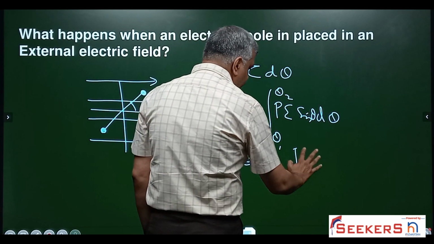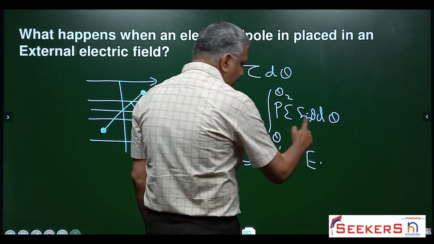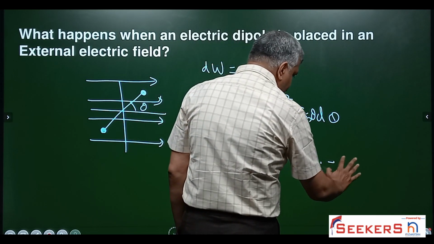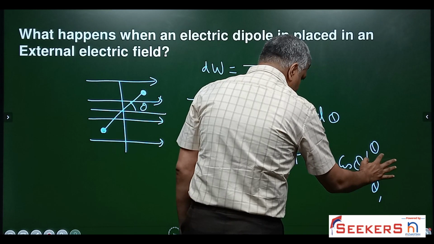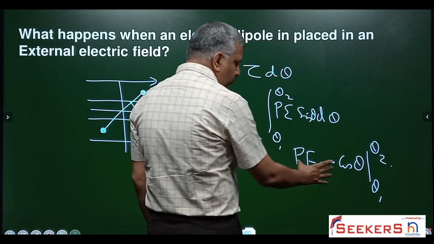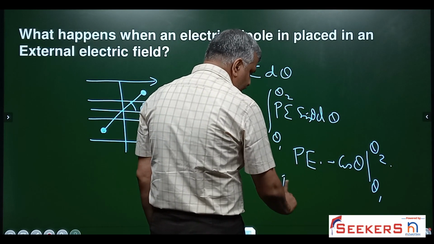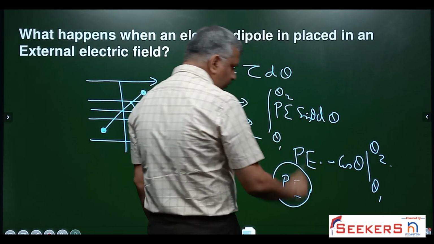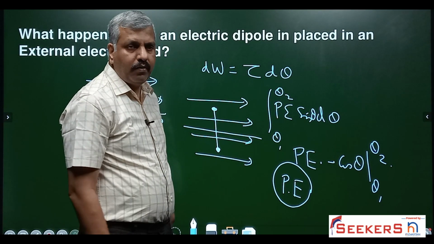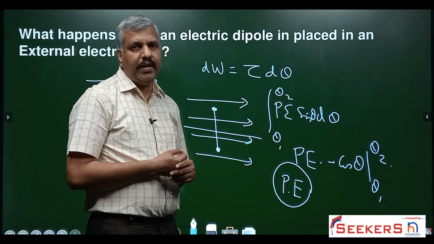So when you work with it, it becomes P E times the integral of sine theta, which is minus cos theta, from an angle theta 1 to theta 2. So when you work this out, you understand that this is equal to P dot E. So this is the work done to turn a dipole by an angle theta.